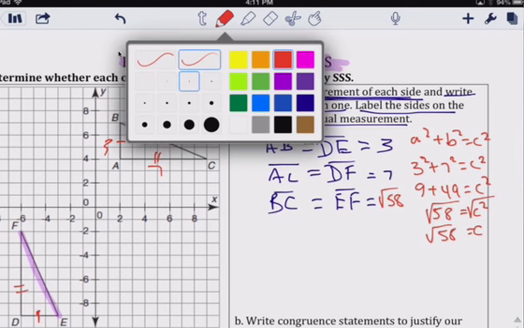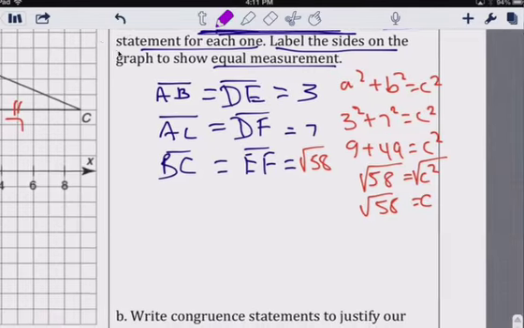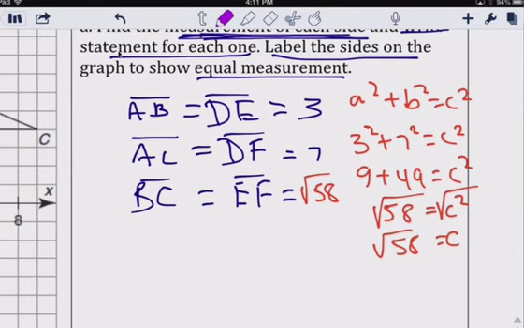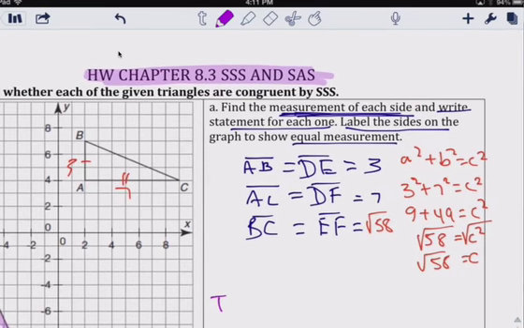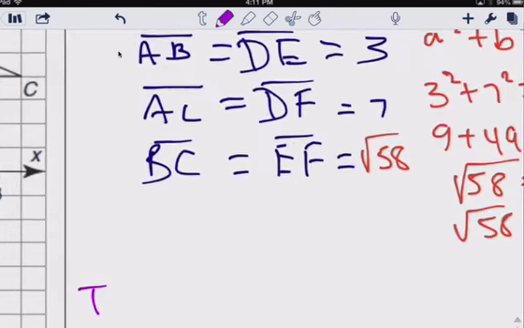So we can say the two triangles are congruent by side, side, side. The third side is the same. Put that in there.